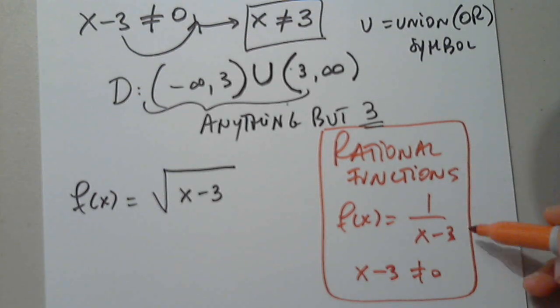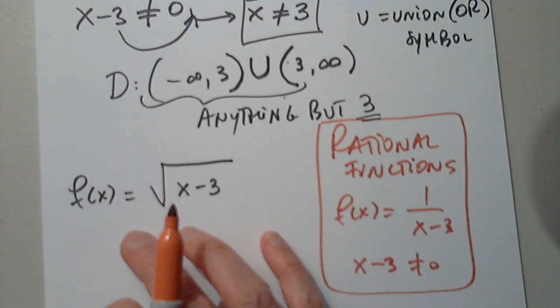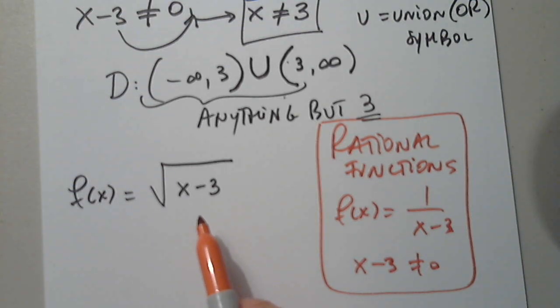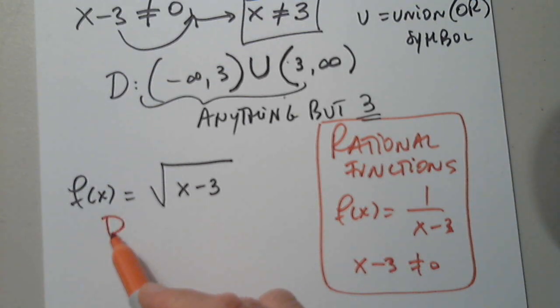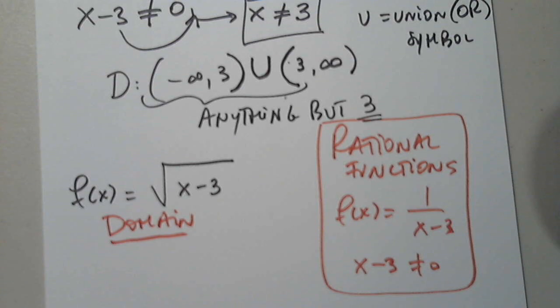For any rational function, the denominator cannot be 0. And we already determined the domain for this one. But what could happen here? You can't square root x minus 3? No, we're finding the domain. We're not solving for anything. We are only trying to find the domain of this function. How do I find the domain of this function?